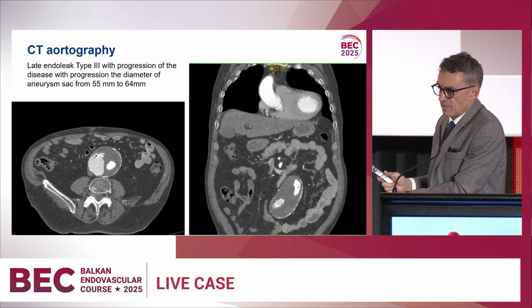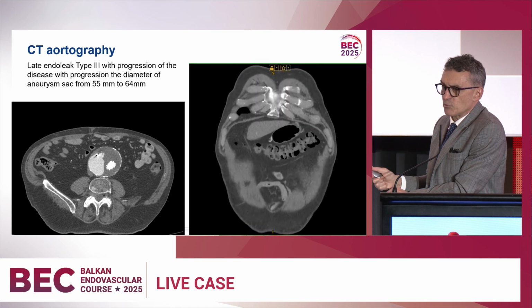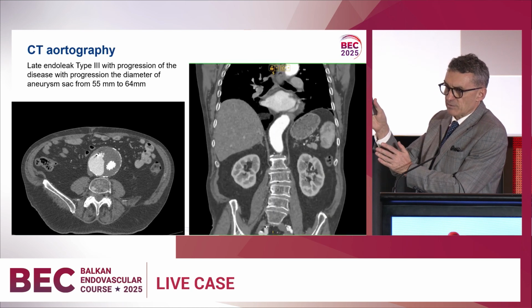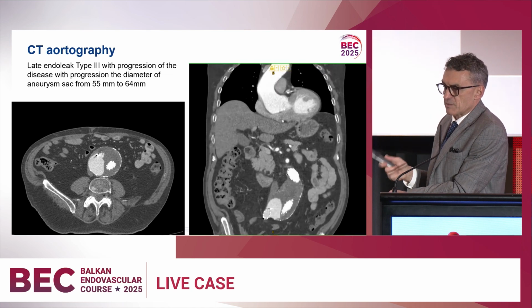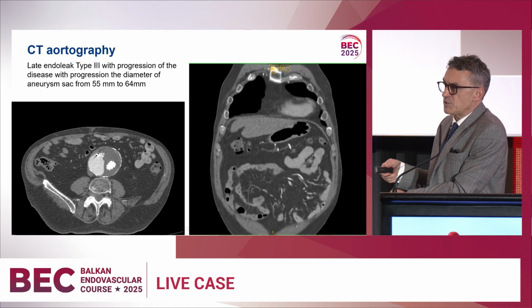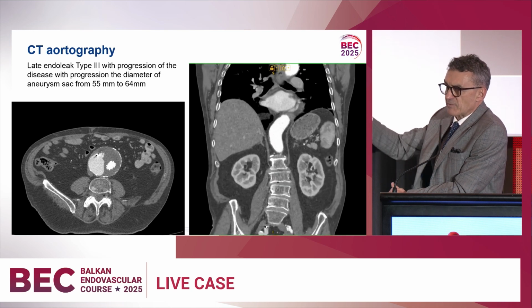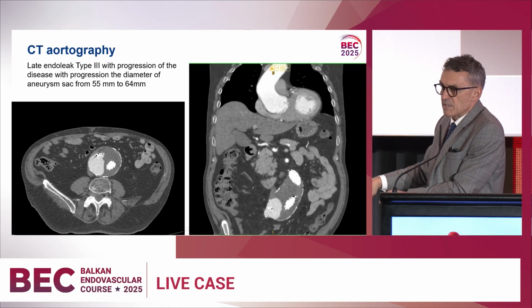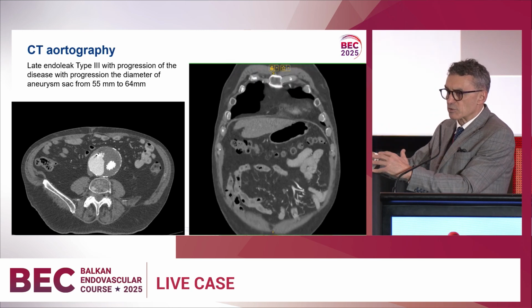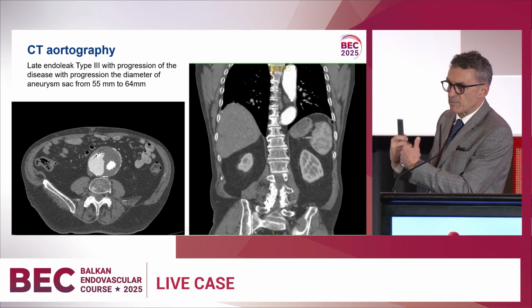With the stiff wires we are straightening the anatomy. It's easier to implant endovascular devices, but after removing the wires, the anatomy is restored. So all the tortuosities are coming back.